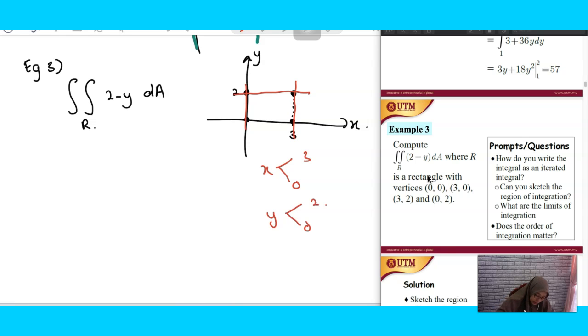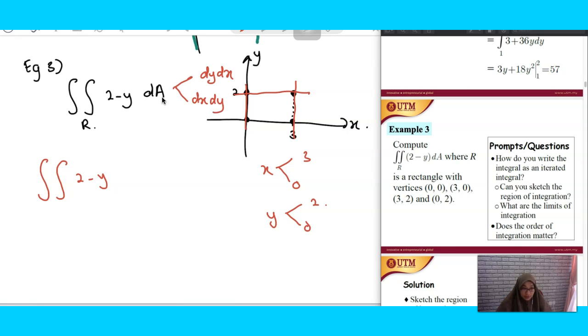Now your double integral becomes a new form, where you firstly have to determine the order of integration. As I mentioned before, you have 2 options: you can use dy dx, which means you integrate with respect to y first, or you integrate with respect to x first.